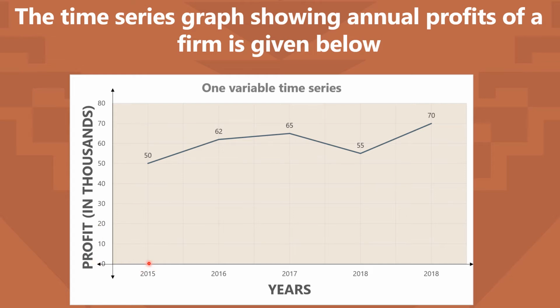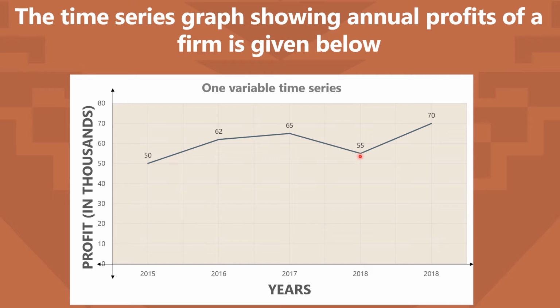For the year 2015 we plot the point 50, for the year 2016, 62 is plotted. You could even highlight this with a dot. Time series graphs are often expressed as dot to dot lines. The profit in 2017 is 65,000.